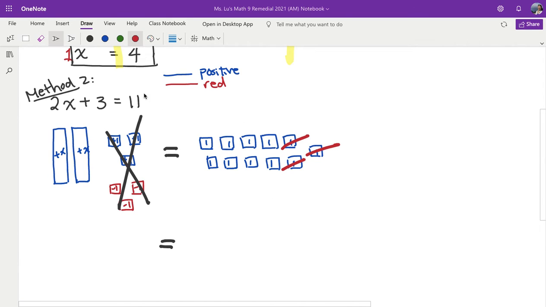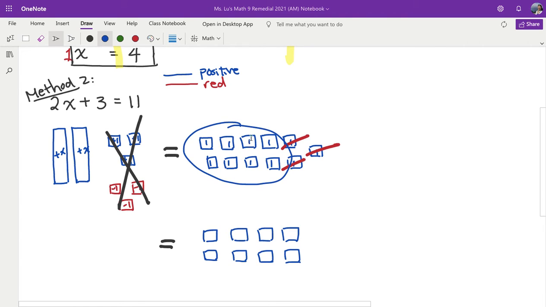How many blue do we have left? 1, 2, 3, 4, 5, 6, 7, 8. So we have 8 positive tiles on the right side. It's much easier if you have tiles in front of you and can do it all at the same time, but because I don't, I'm simply going to show you with this. I'm crossing it out, and now we have 8 tiles remaining.